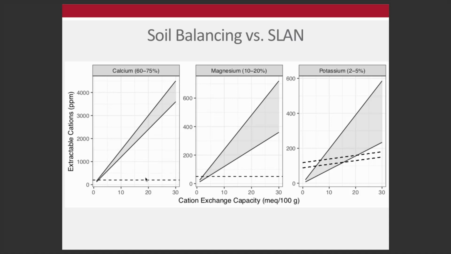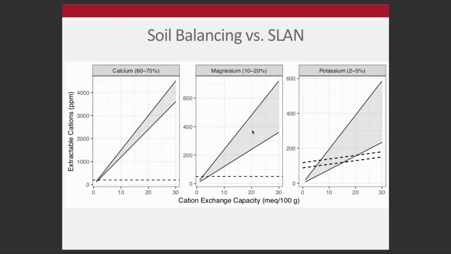And that means that, that's fine and all, but if we, say, have a CEC of 20 milliequivalents per 100 grams, and our calcium saturation is down here, well, it's going to require quite a bit of material to bring it up into range, okay? And likewise, if we're up here, we might have to add calcium to drive the magnesium down, et cetera, et cetera.